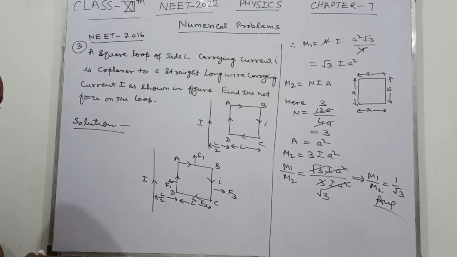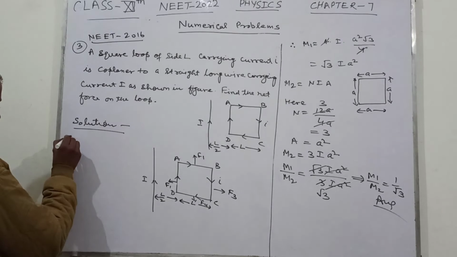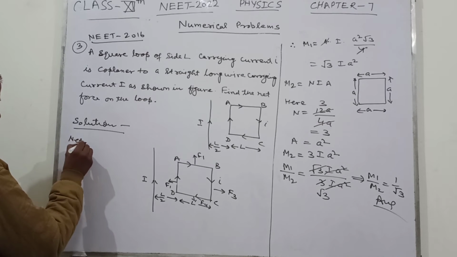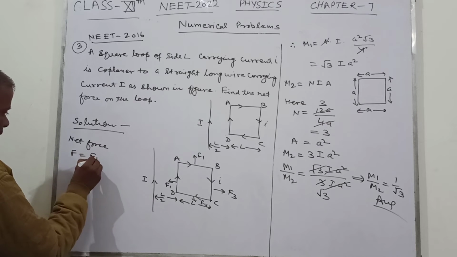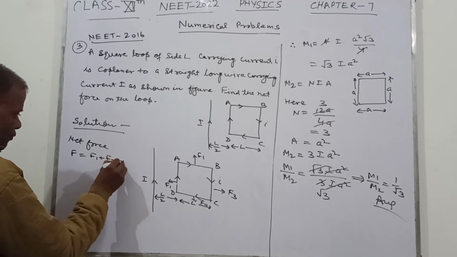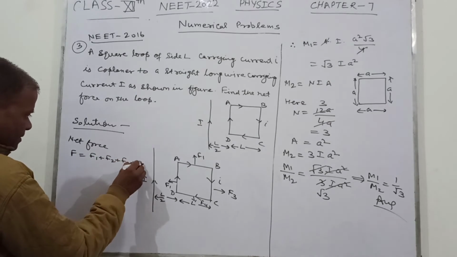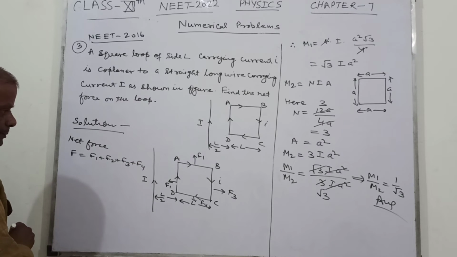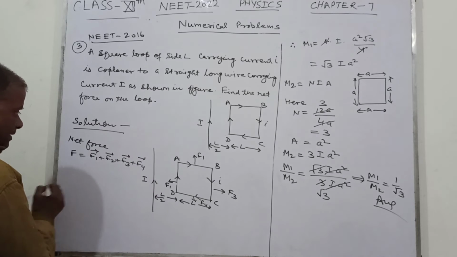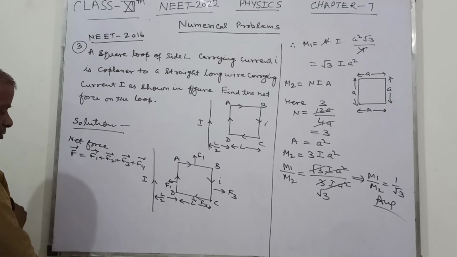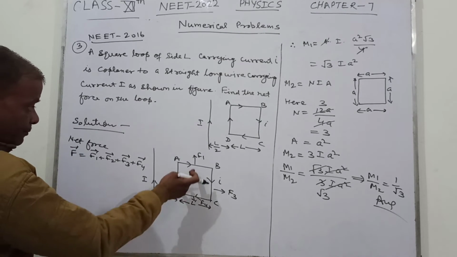These are the four forces. So net force is how much? Net force F equal to F1 plus F2 plus F3 plus F4.